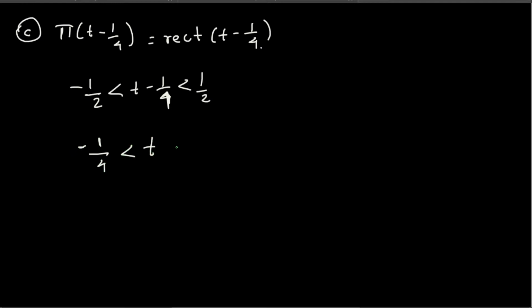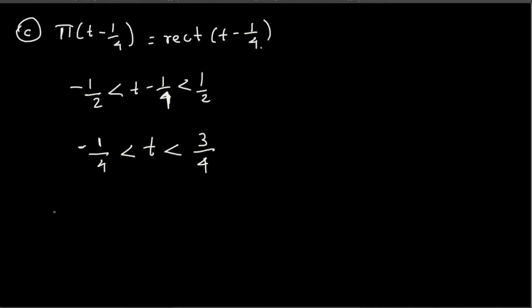On the other side, 2 over 4 plus 1 over 4 is 3 over 4. So the range is minus 1 over 4 to 3 over 4.